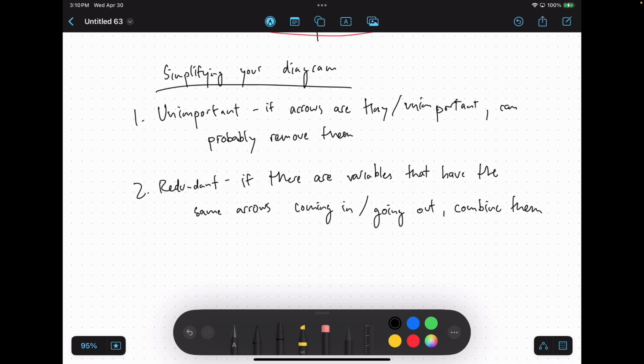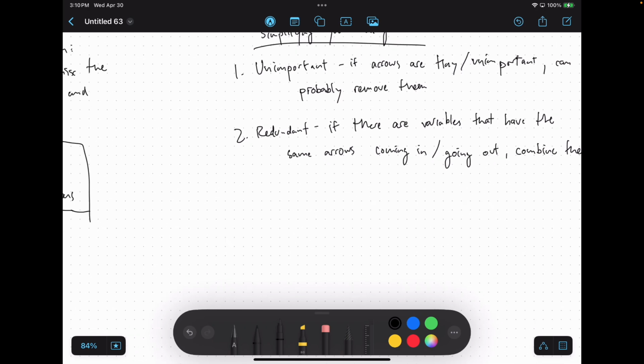And so, yeah, let me think of an example here. Something like X, Y, A, B, C, D, like this.